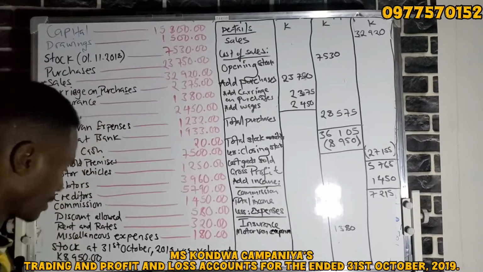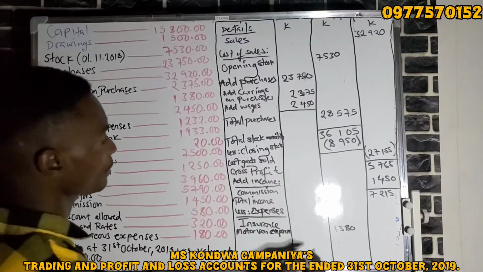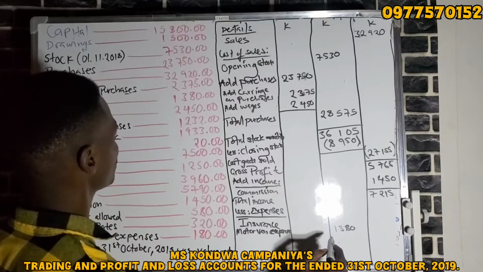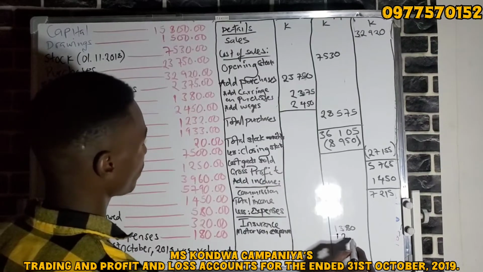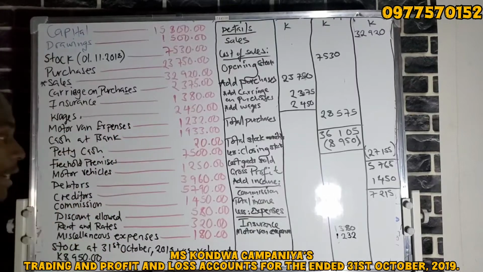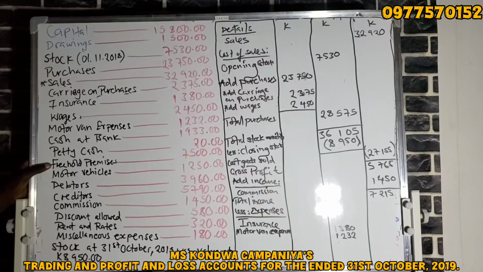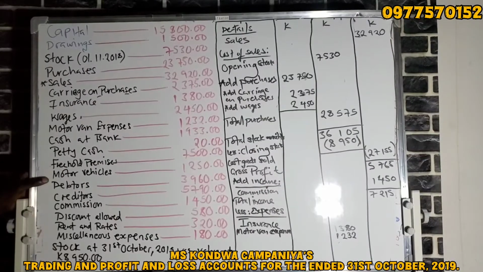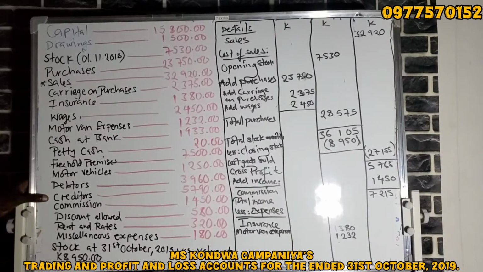Motor van expenses, how much? 1,232. Next, cash at bank is an asset, a current asset to be specific. Petty cash, current asset. Freehold premises, fixed asset. Motor vehicle, fixed asset. Debtors, current asset. Creditors, current liability. Commission income already dealt with.